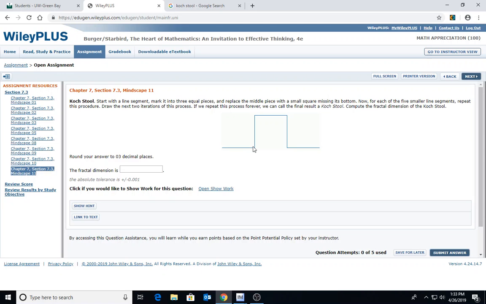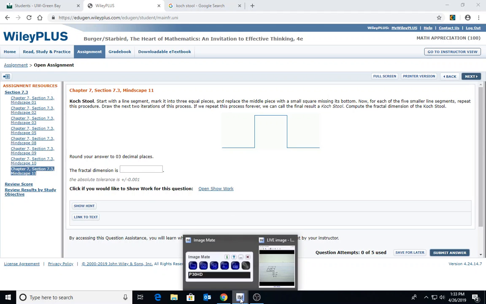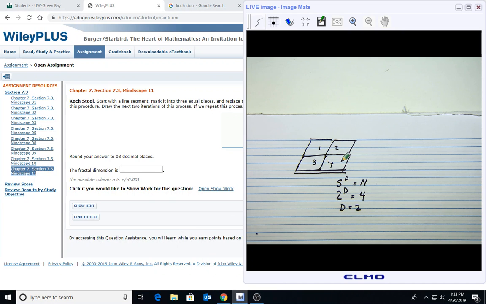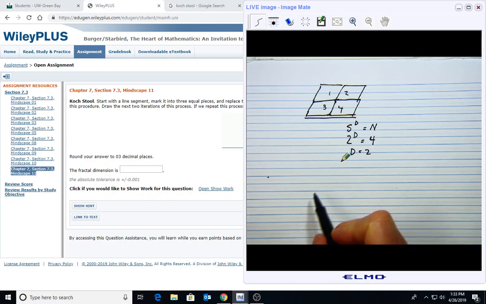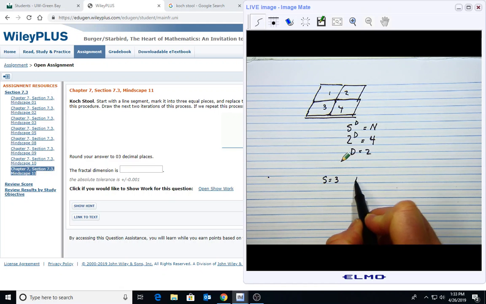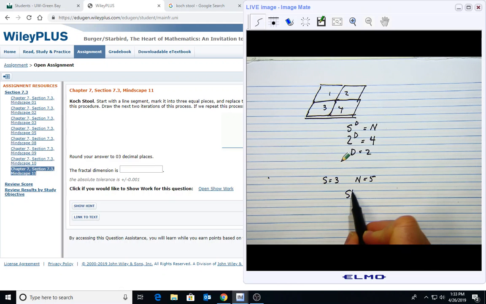Let's go ahead and see what that means for the dimension. So you can go ahead and use s to the d is n. So 3 to the d is 5.